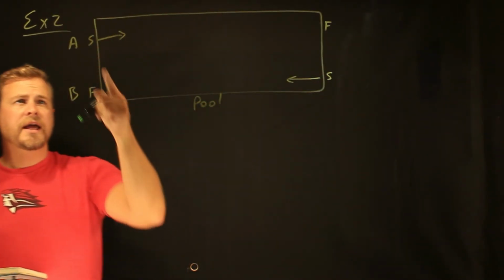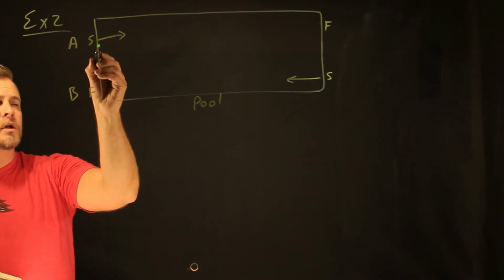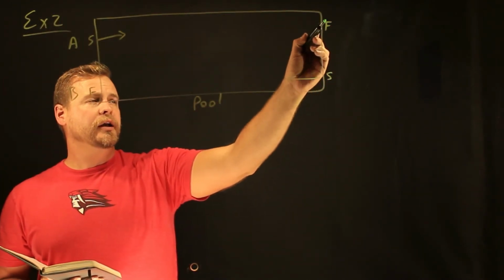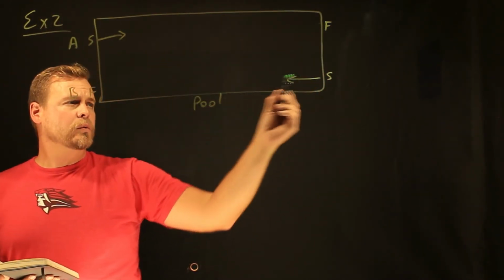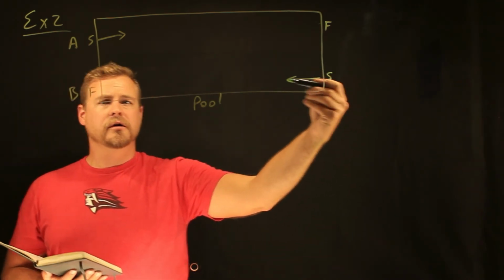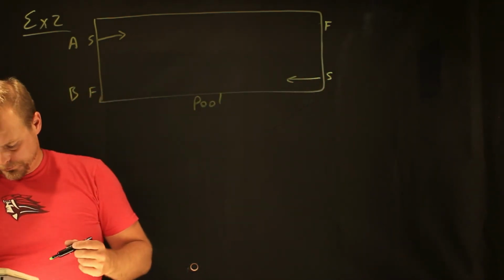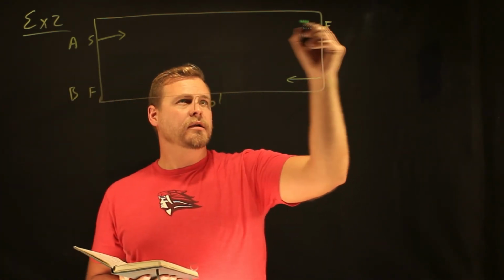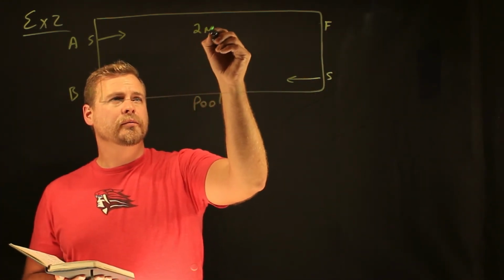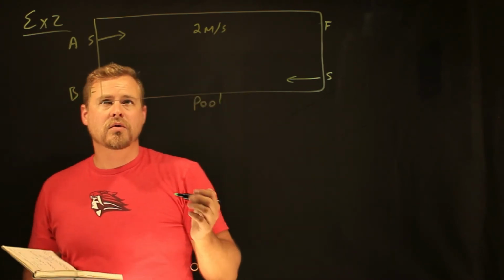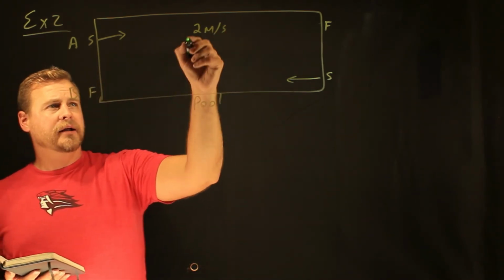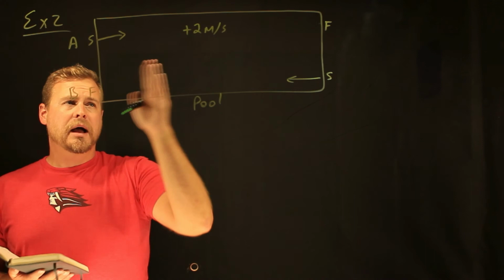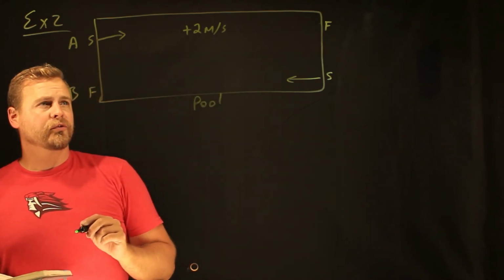Okay, so swimmer A started on this side of the pool and went down here, and she finished over here. Swimmer B started over here and finished over here. We already know that swimmer A is swimming at 2 meters per second, but now because she's going to the right, I can say that she's swimming positive 2 meters per second.